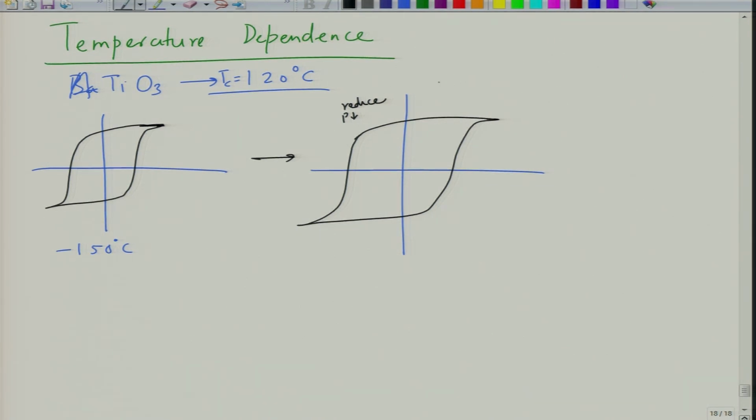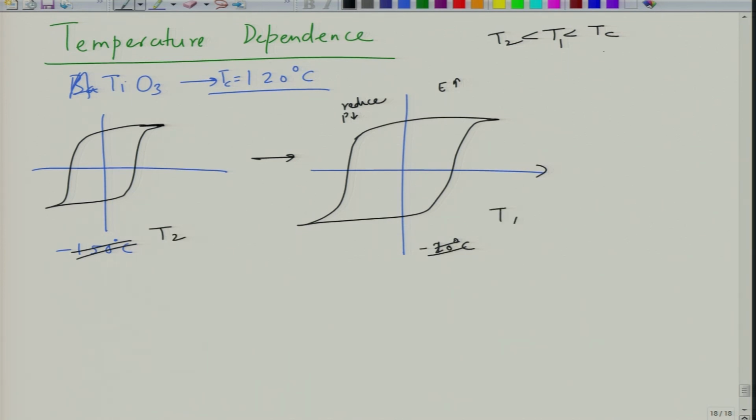So, as a result your E will increase to achieve the same polarization, and you keep doing that process until you reach, let us say, minus 20 degrees centigrade. Let us not write the temperature, let us just write T less than Tc. So, let us say T1, let us say T2, okay, that is more appropriate. Let us say this is T2, this is T1.